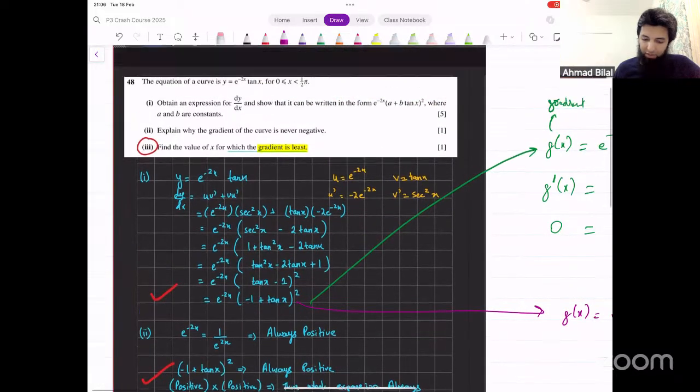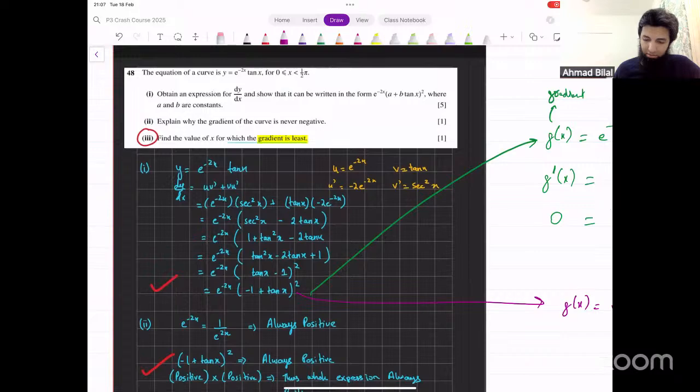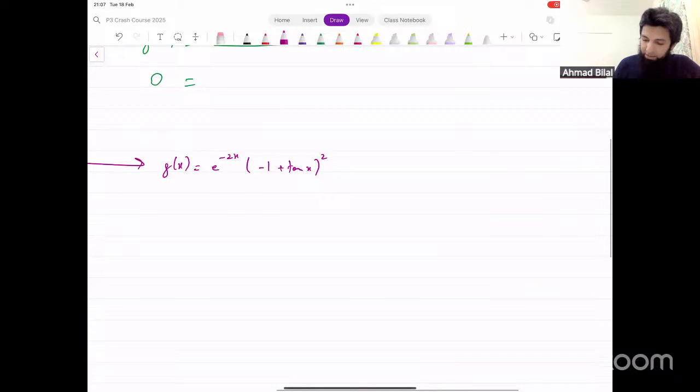आपको उसने कहा हुआ है कि x 0 से pi over 2 के दरम्यान में है। X is between 0 and pi over 2.